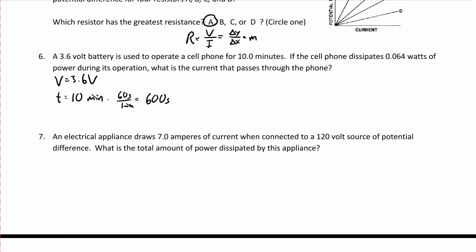If the cell phone dissipates 0.064 watts of power, so P is equal to 0.064 watts, what is the current? So they're looking for the current. Okay, well, they tell you the power. They also tell you the time, and I just automatically converted it to seconds.